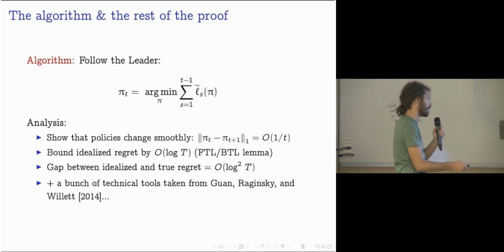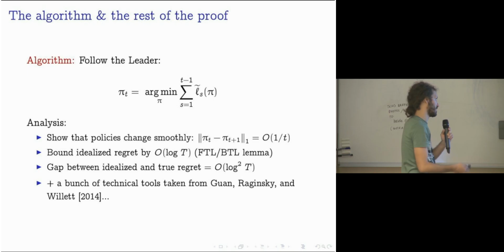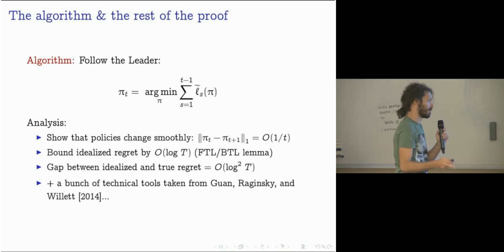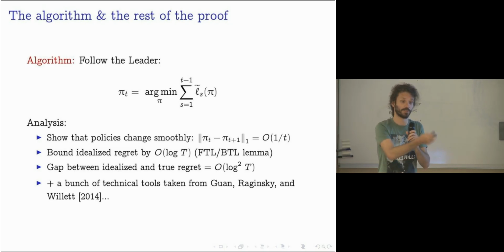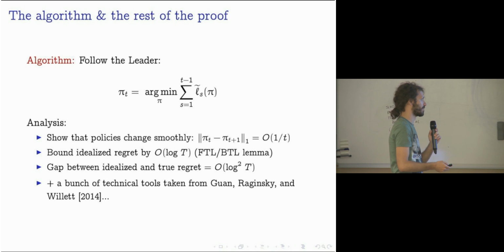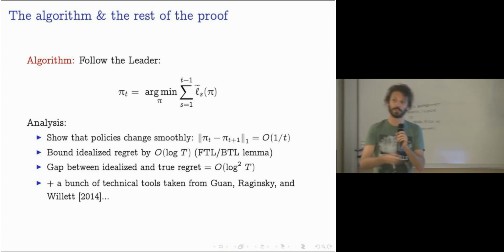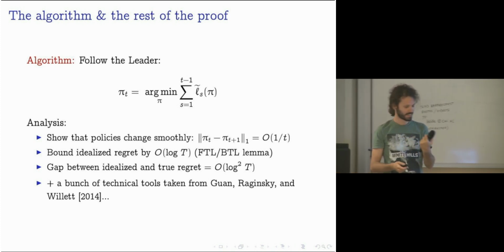Then the gap between the idealized and the true regret becomes log squared t, and there's some technical argument underlying that. Most of the technical tools are taken from Max's paper. We just reorganized all the lemmas and added the convex interpretation, which revealed the structure in there. Yeah, that's it. Thank you very much for the patience.